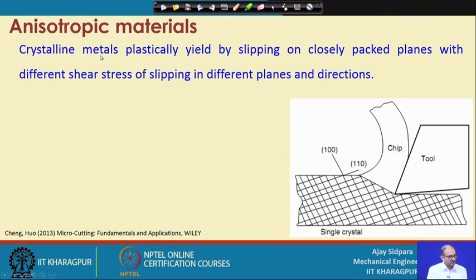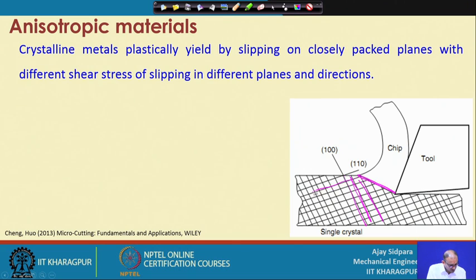In crystalline material, what happens is that it plastically yields by slipping on closely packed planes, with different shear stress for slipping on different planes and directions. This is our shear plane angle, and these are the different planes.